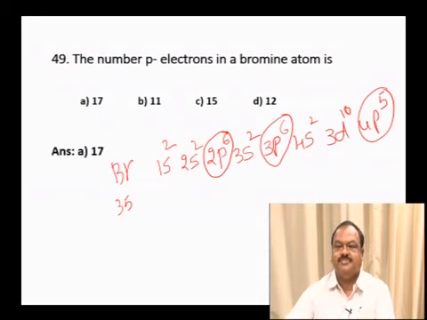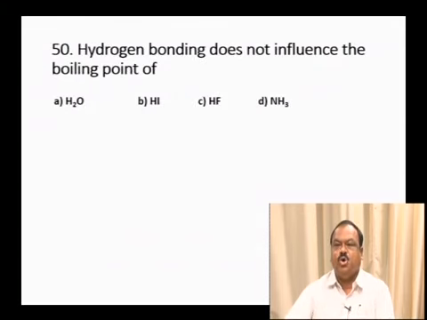Next, hydrogen bonding does not influence the boiling point of which? Hydrogen bonding takes place in water, that is oxygen and hydrogen. HF has a highly electronegative element, hence it also forms hydrogen bonding.